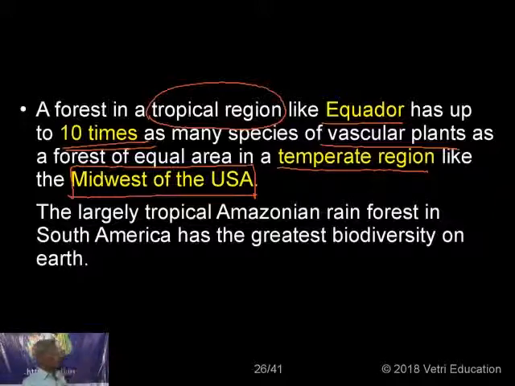Everything is very convenient, congenial for plants and animals, including human beings, to live. So it is accommodating more number of species.